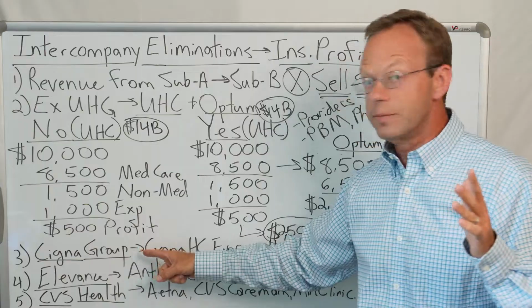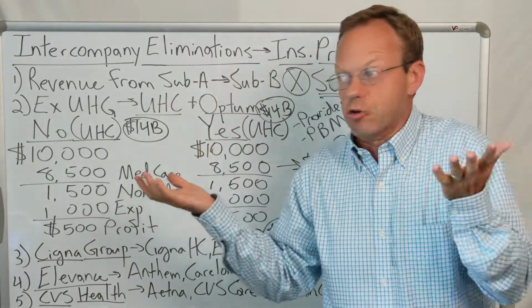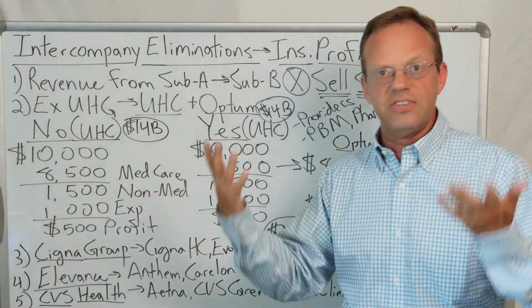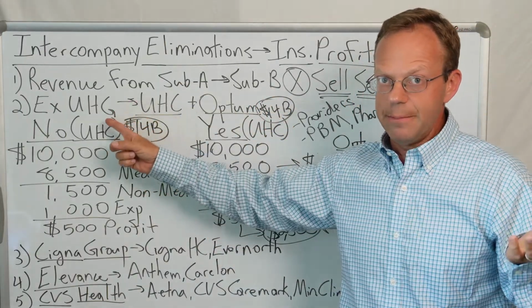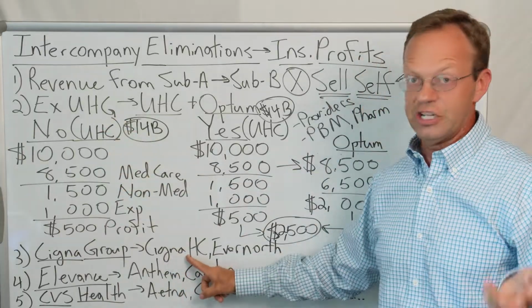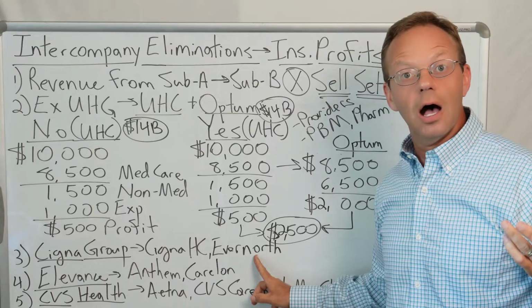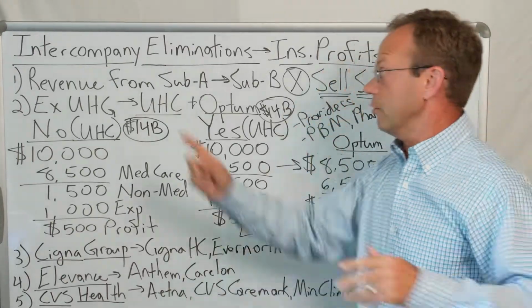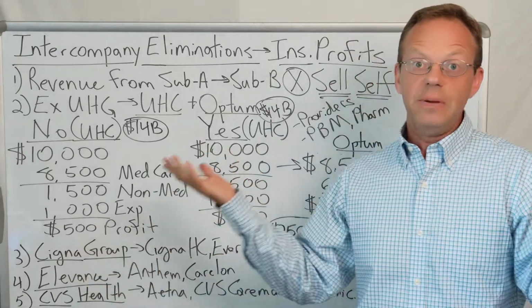The Cigna Group does it. In 2023, they created the, quote unquote, Cigna Group. It's not even called Cigna Healthcare anymore. It's the Cigna Group. Why? Because the Cigna Group is following the same game plan as United Health Group. They've got Cigna Healthcare, which is the health insurance company, and then they've got Evernorth, the healthcare services arm, where they can do the intercompany eliminations. Next, we have Elevance. That used to be Anthem. Guess what?